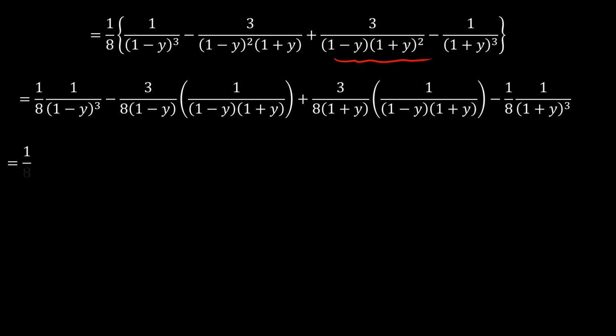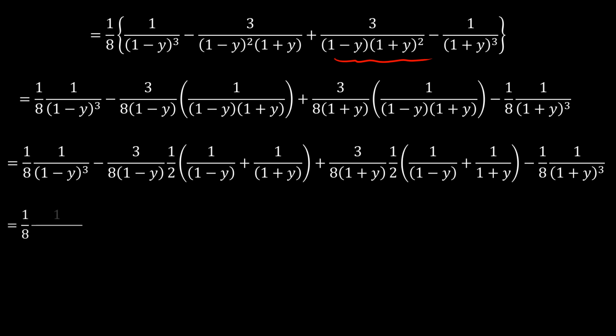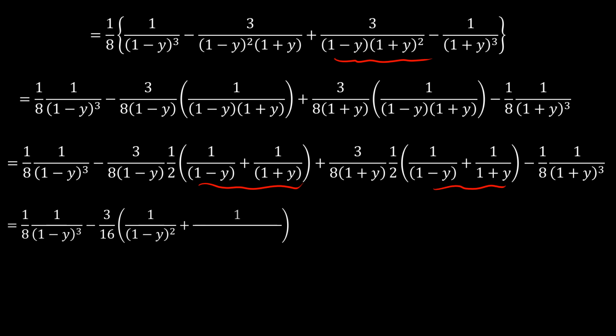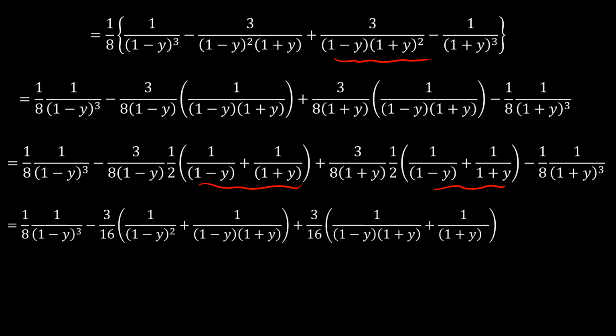So simplifying that further, we have used partial fractions here. So this 1 over 1 minus y plus 1 plus y is the same as this and the same as this. So now when you multiply 1 minus y in here, we get 1 minus y squared, and here we have 1 plus y times 1 minus y, the same thing we've done here, and then minus 1 over 8, 1 over 1 plus y cubed.